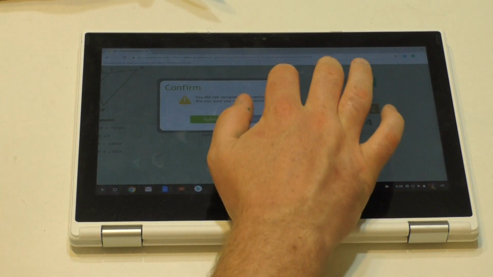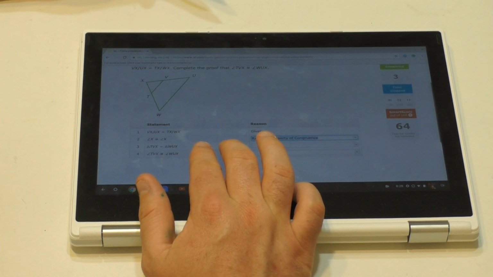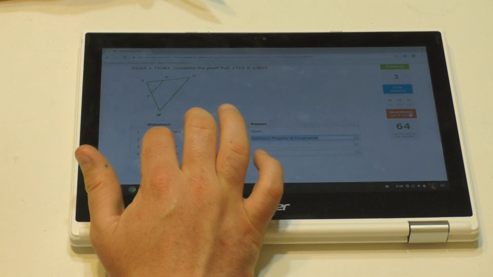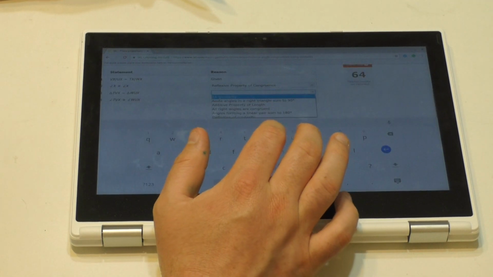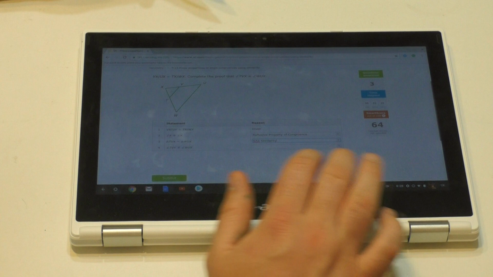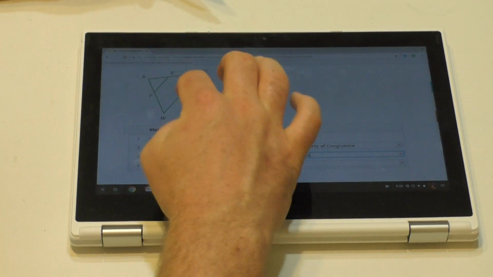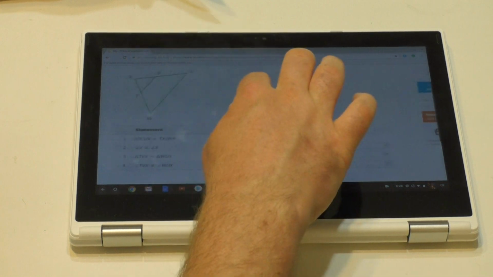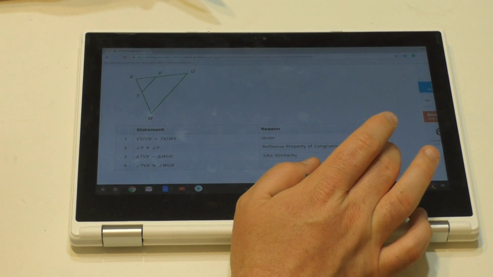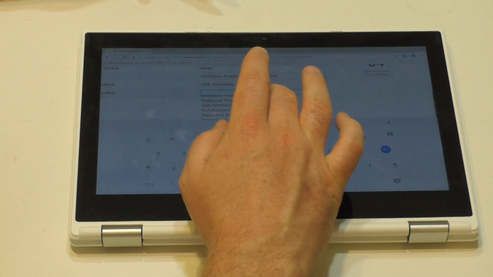Now, we have two proportional sides and an equal angle between them. Well, that means you're going to have SAS similarity. And then finally, we've got TVX and WUX are equal to each other. Well, they're going to be equal because if the two triangles are similar, their corresponding parts better be equal.